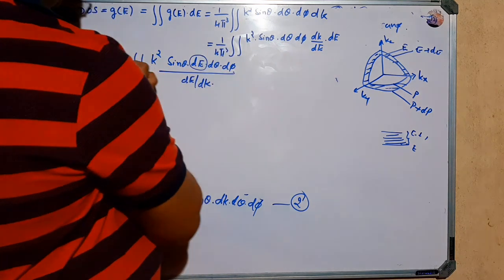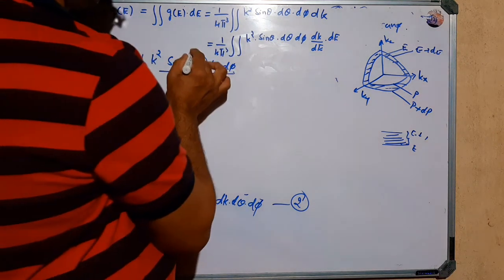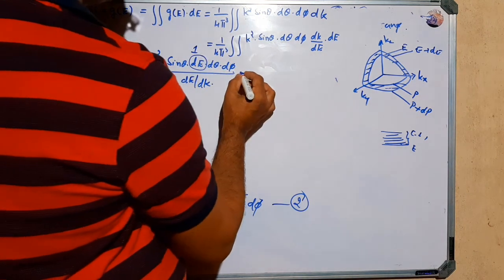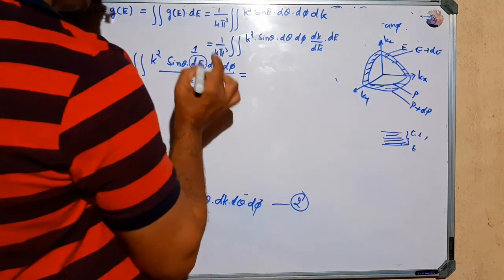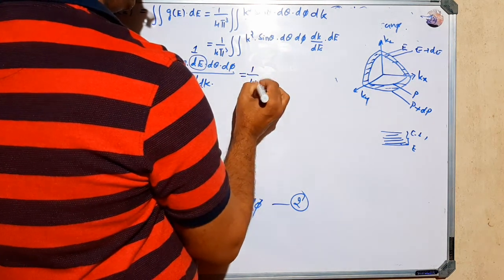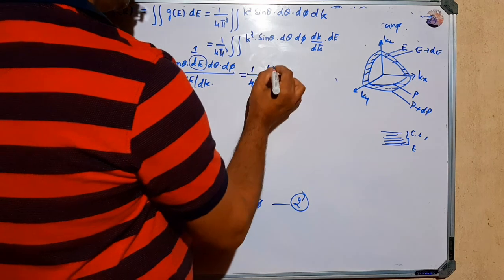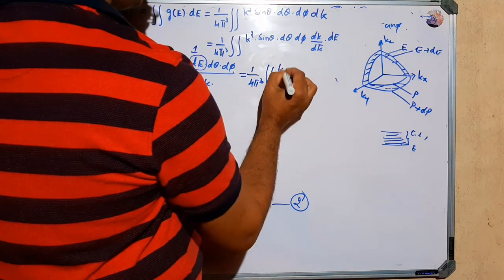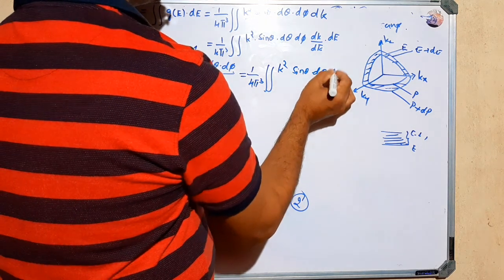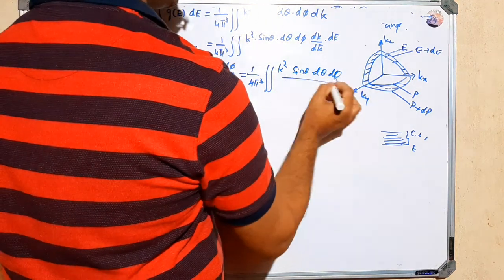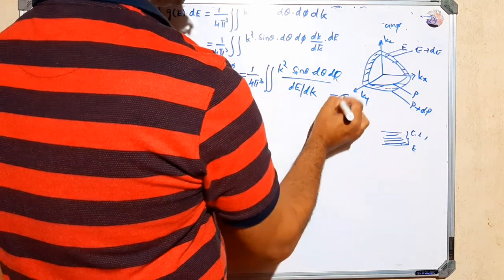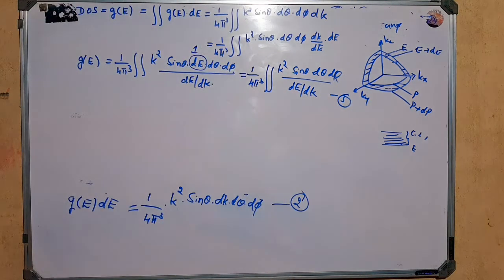That means the density of energy states is for a unit energy range. Therefore, in the next step, I am reducing that dE to unity. Therefore, it becomes 1 by 4 pi cube integration k square sin theta into d theta into d phi divided by dE by dk. This is equation number 3.